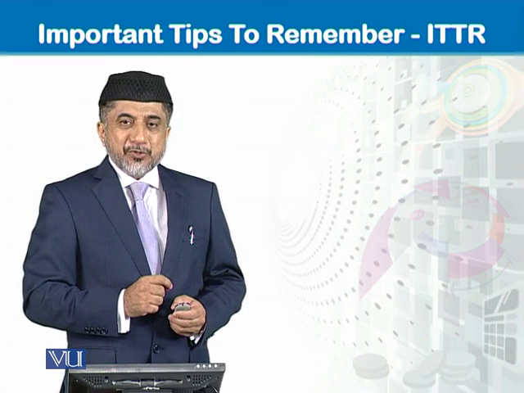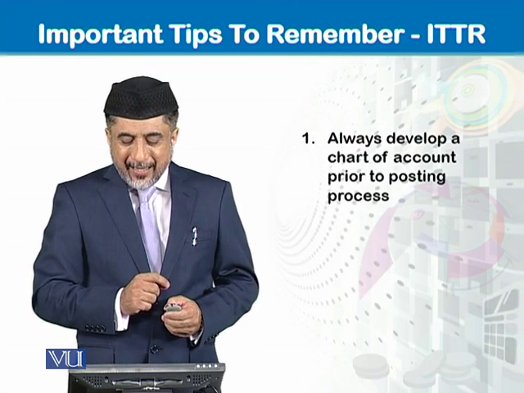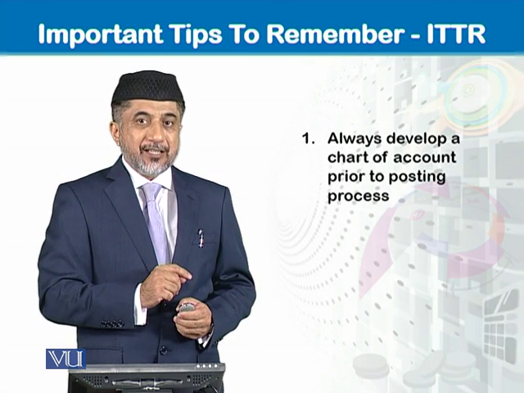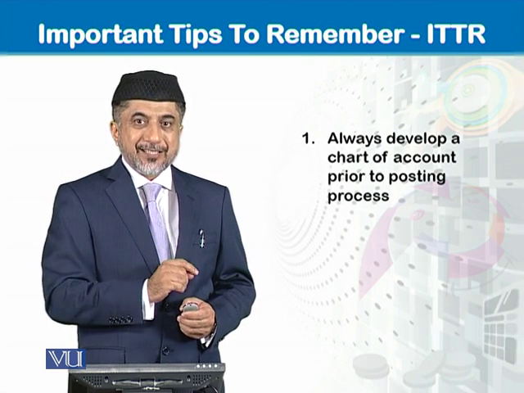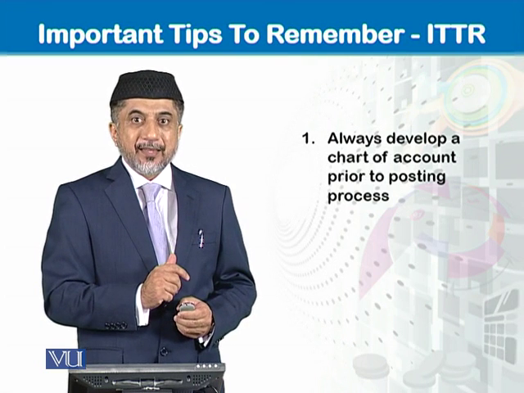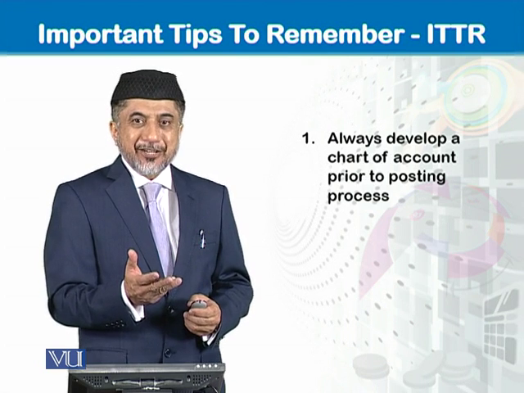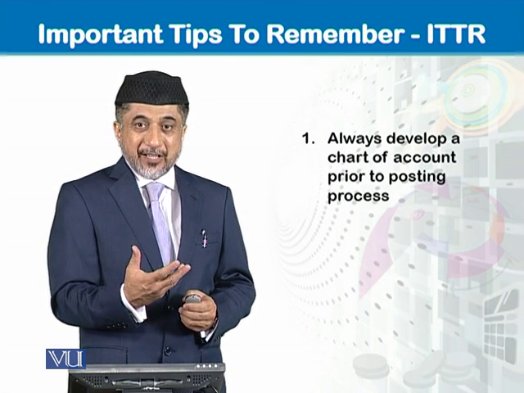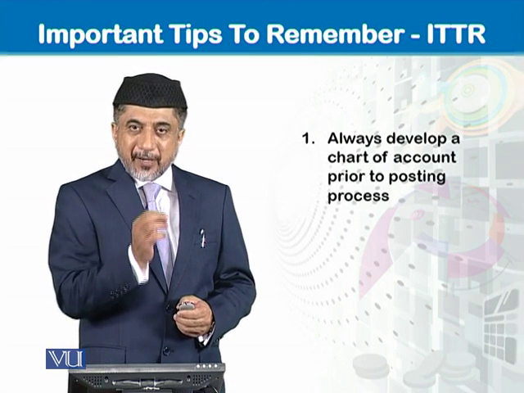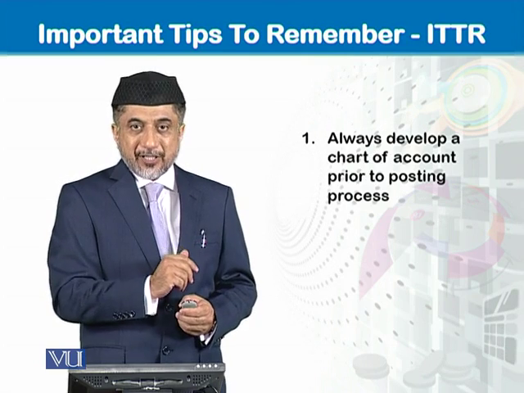The important tips to remember in this module are that you should always develop a chart of accounts before starting the posting process, or before developing a summary. And that summary is also known as a ledger account. Okay? A summary of a specific accounting head is known as a ledger account. So develop a chart of accounts before starting this process.